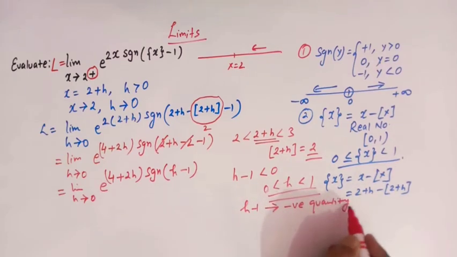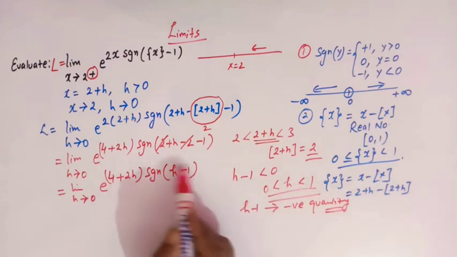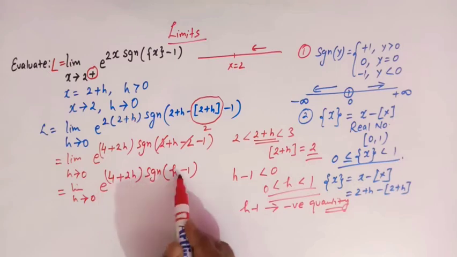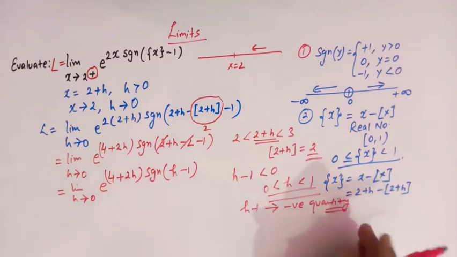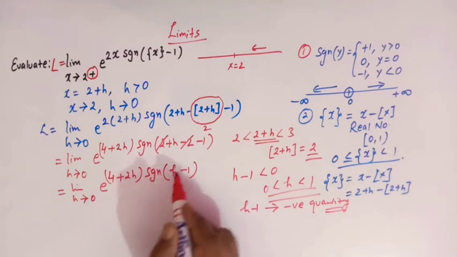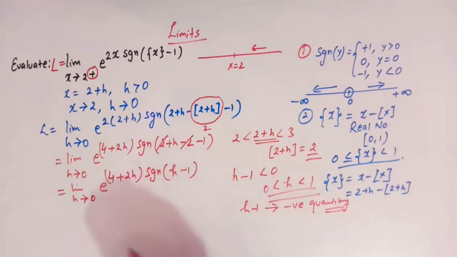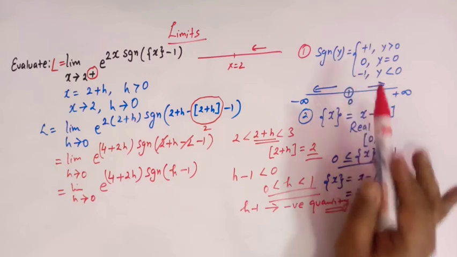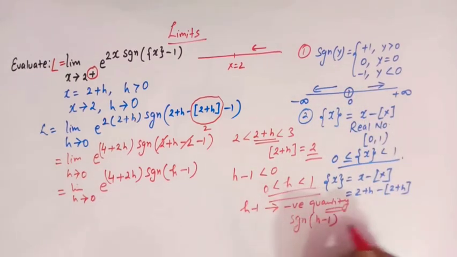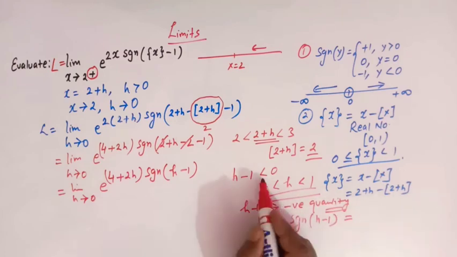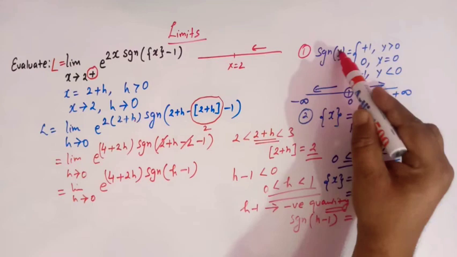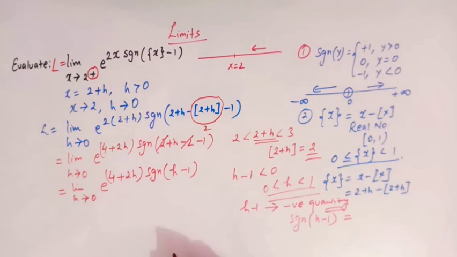And whenever any term inside the signum function takes a negative quantity, then the value of signum of that term is equal to minus 1, right? So signum of h minus 1, because h minus 1 is less than 0, and when y is less than 0, obviously signum of y takes the value minus 1, right?